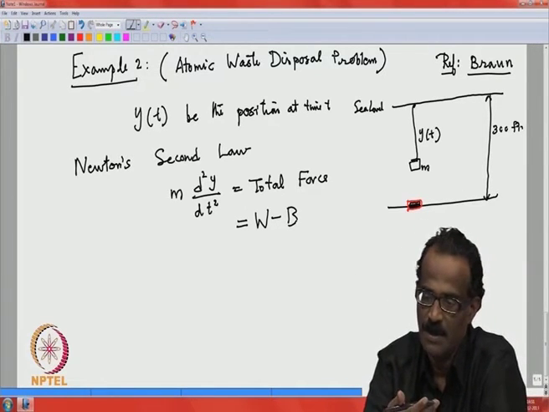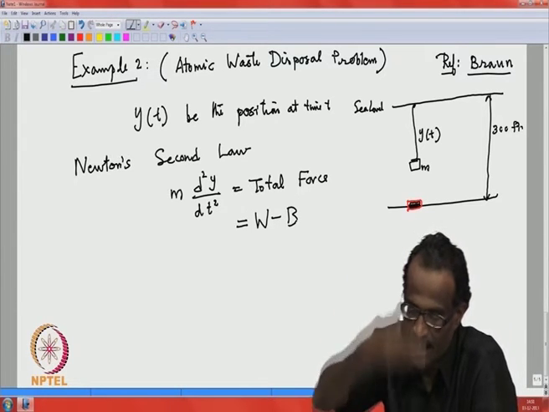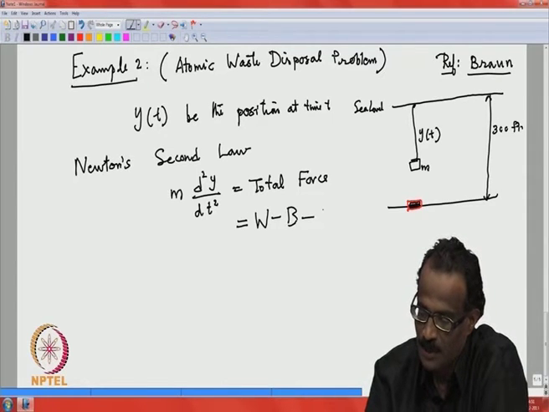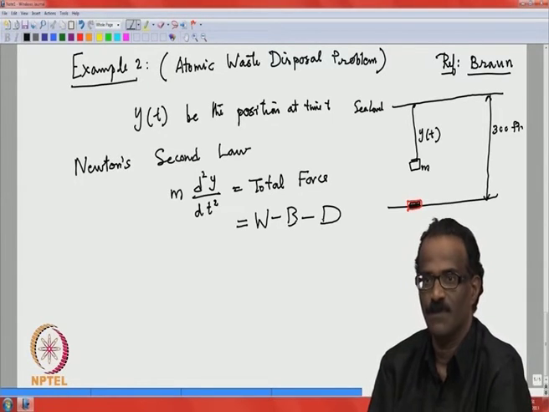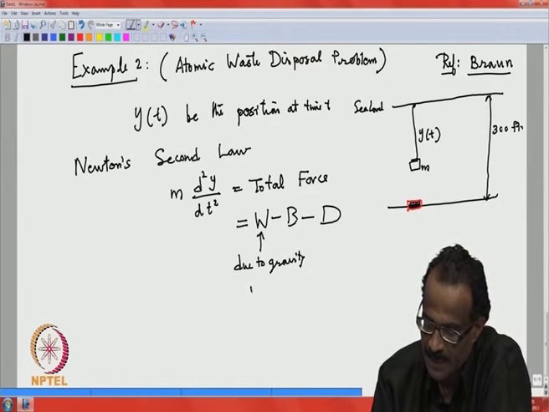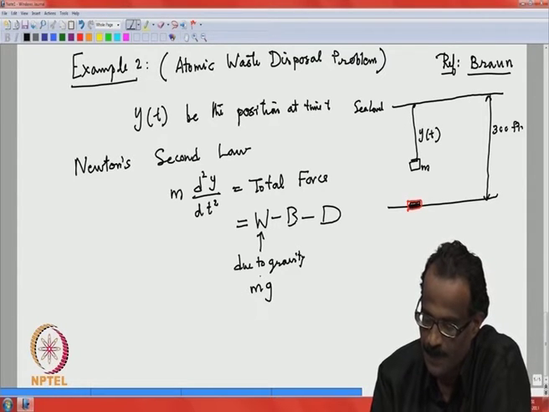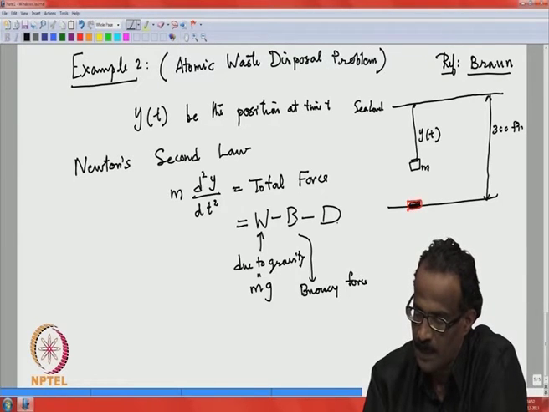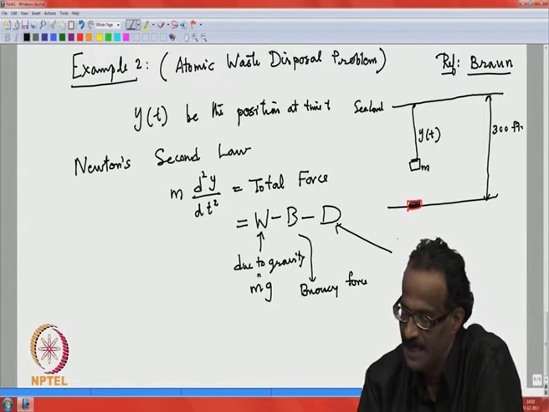The drums are coming down under gravity, and there is a buoyancy force, and as it acquires velocity, you will also have a drag force.